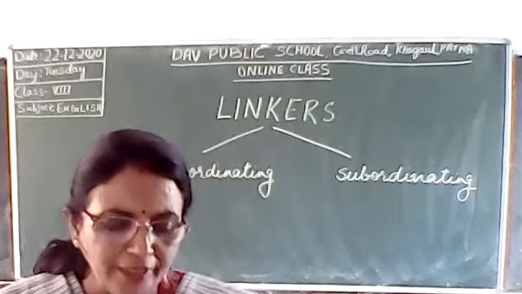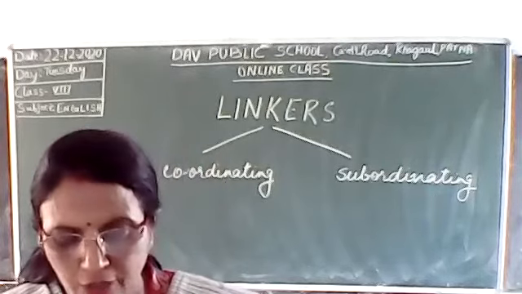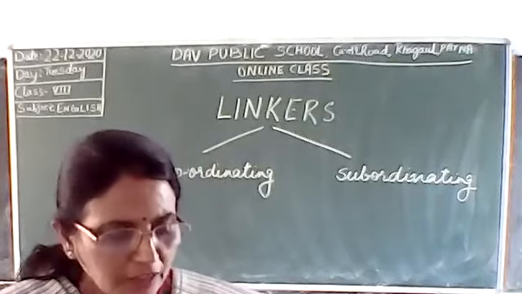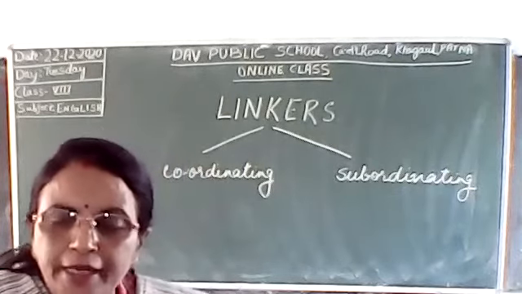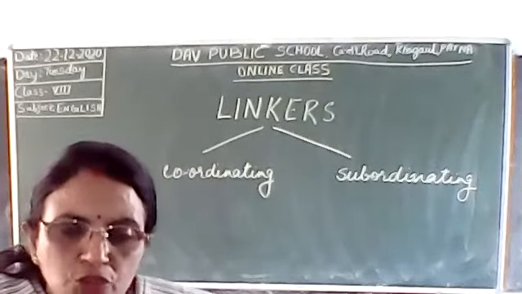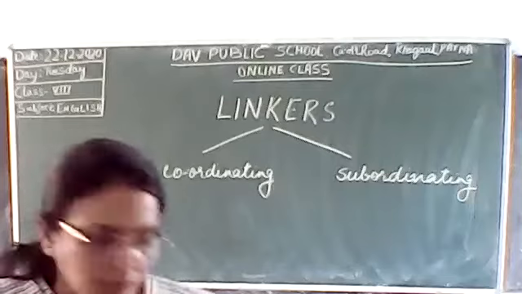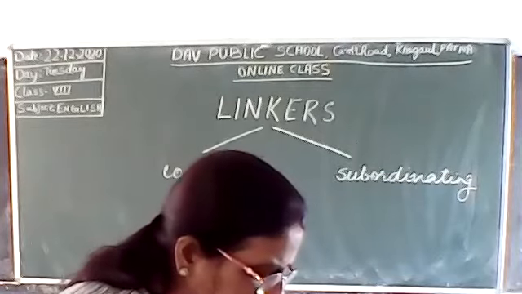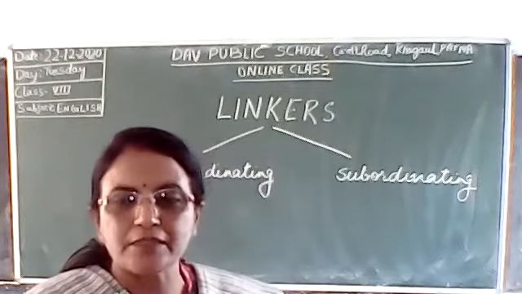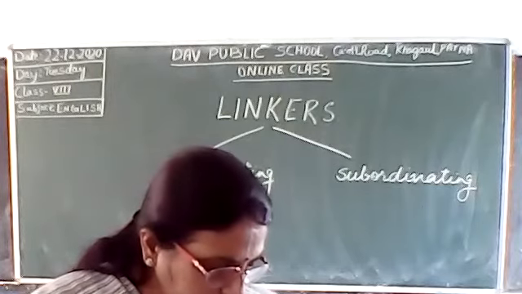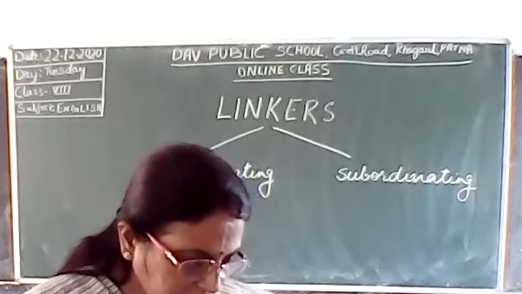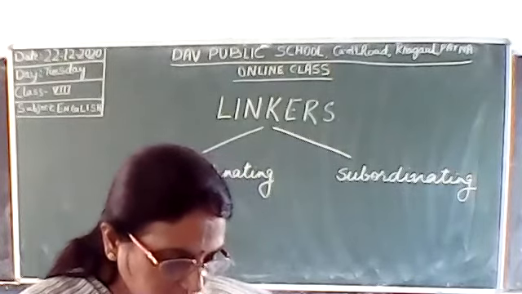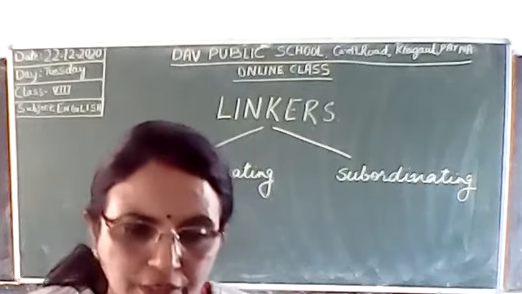The linkers that join the main and the subordinate clause are called subordinating linkers. Now they are further divided into 9 parts: according to time, place, cause, comparison, purpose, result, condition, manner, and concession.